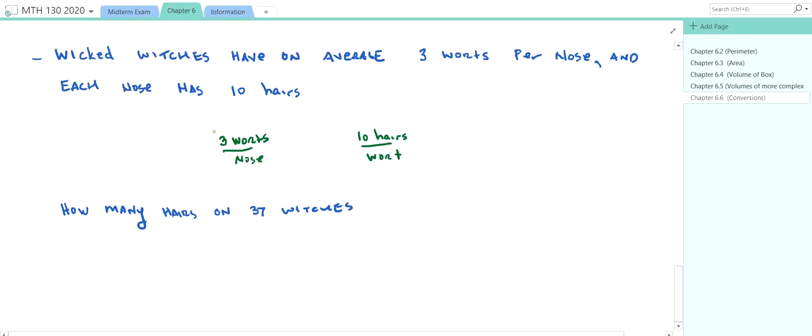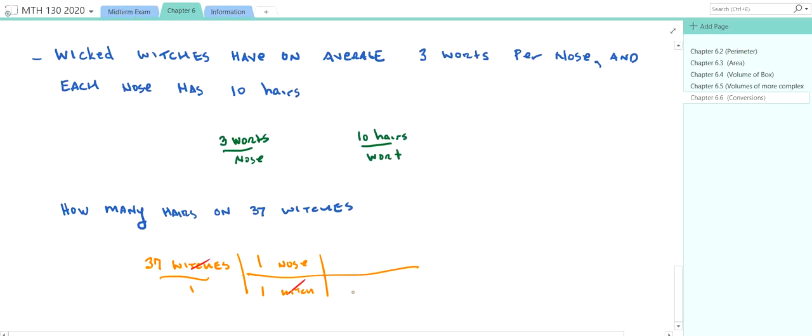Okay, so let's do the same thing. 37 witches. We know that one witch has one nose. We're going to make that assumption. One witch has one nose. That cancels our witches.